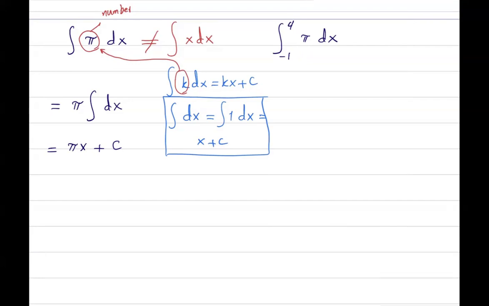Now in the definite form, the integral from a to b of k dx is kx, while x ranges between a and b, which becomes k times (b minus a), or kb minus ka.